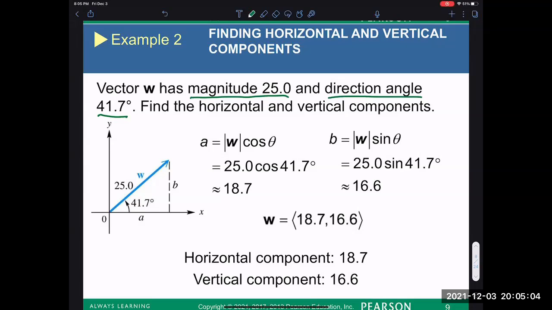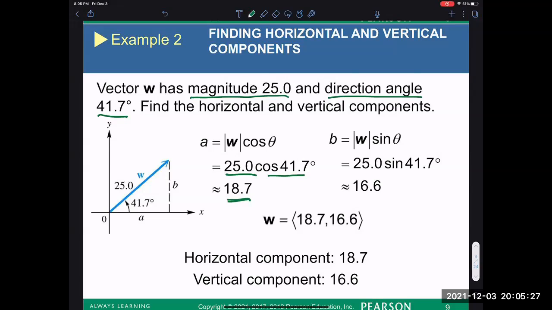So we know A will be equal to the magnitude of W times cosine theta. The magnitude is 25, and we take cosine of the theta 41.7 degrees. That tells us that A is approximately 18.7. That's the x value of the terminal point of the vector.